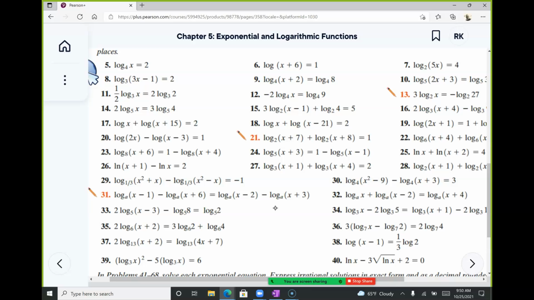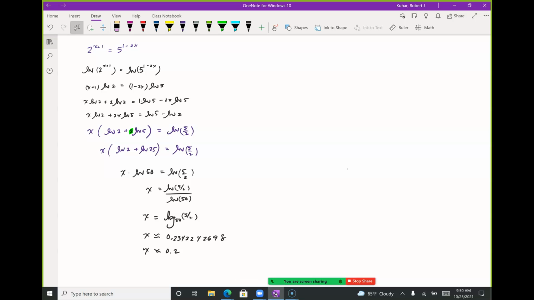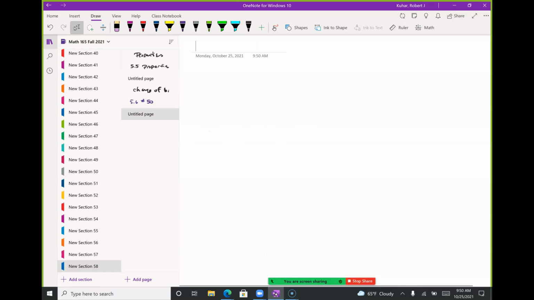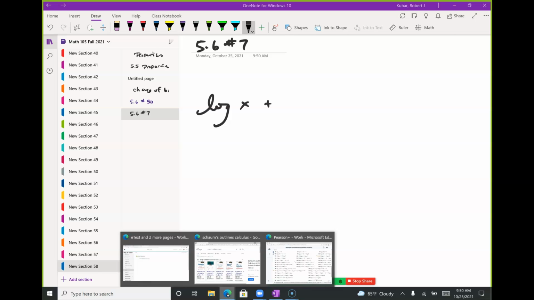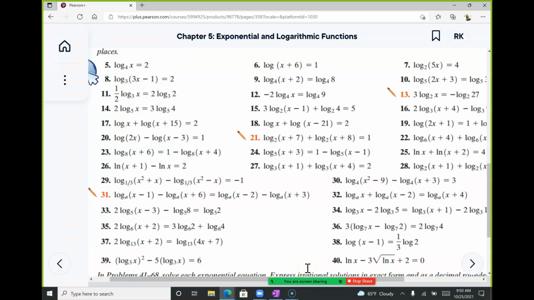Let's look at 17, okay? Log of x plus log of x plus 15 is equal to 2. So what are you thinking about? What's your hunch there? This is number 17, 5.6.